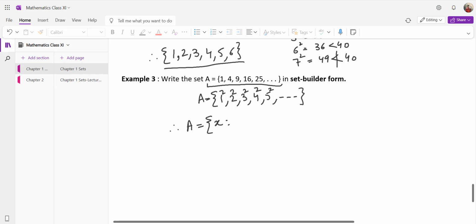What is the property of the elements here? x is the square of a natural number. This is the set builder representation of the given set, which is in roster form.